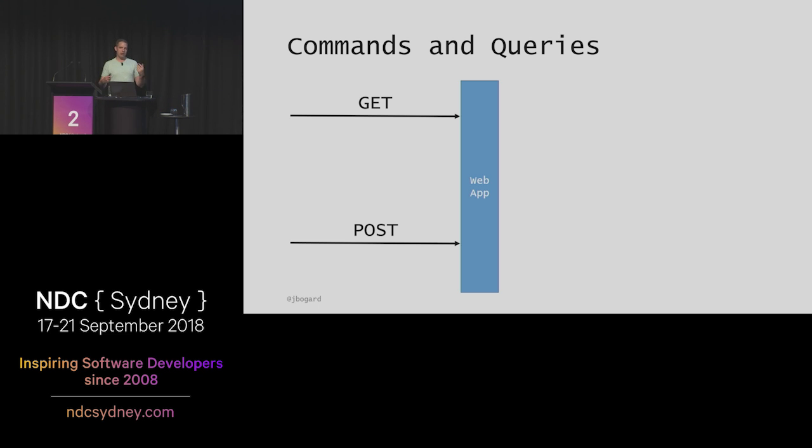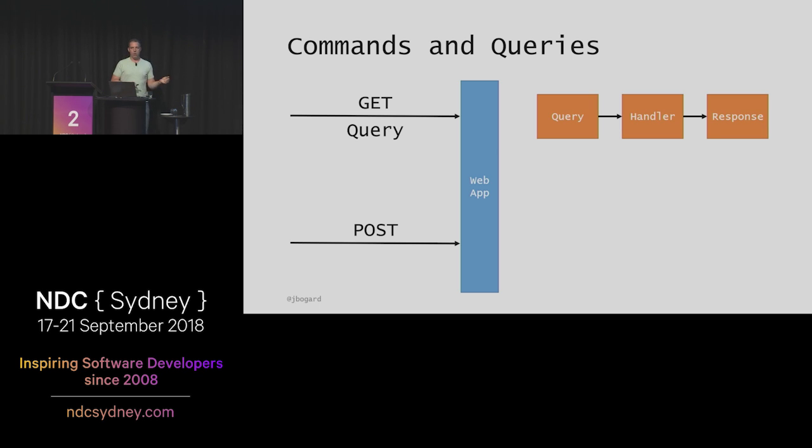And so those can be represented as requests to either get data in the form of a query or to change something in the form of a post. So my gets represented queries, and those queries were requests, where the request was a query, there'd be some kind of handler to do whatever work was necessary, and finally that would return the response, and that response was the data that you were interested in.